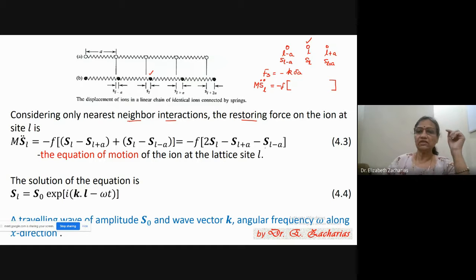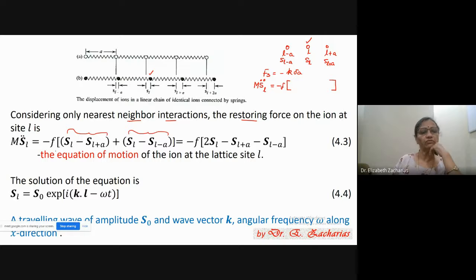So I know that it has got something to do with the distance. So first I consider the displacement between L and L plus A, then between L and L minus A, and then add up these two displacements. So I get the net displacement. The net displacement is proportional to the restoring force.